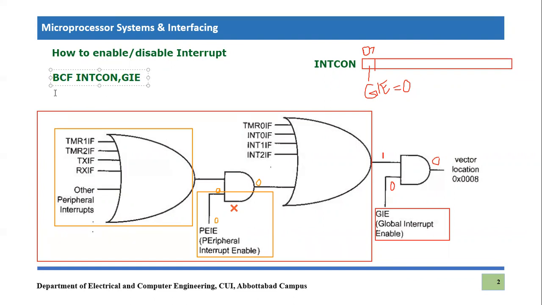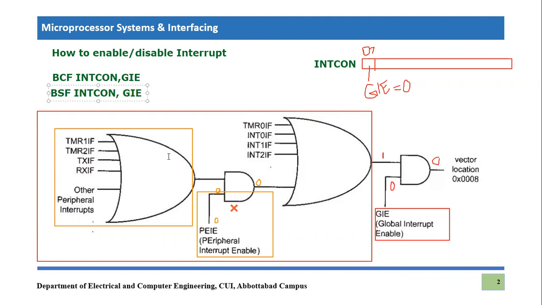So how can you disable it, or how can you enable it? It's very easy. You just change the instruction to bit set file interrupt control comma GIE, right? This is how interrupts will be globally enabled in your microcontroller. Now any of these interrupts, if they are properly configured. What is the meaning of properly configured?